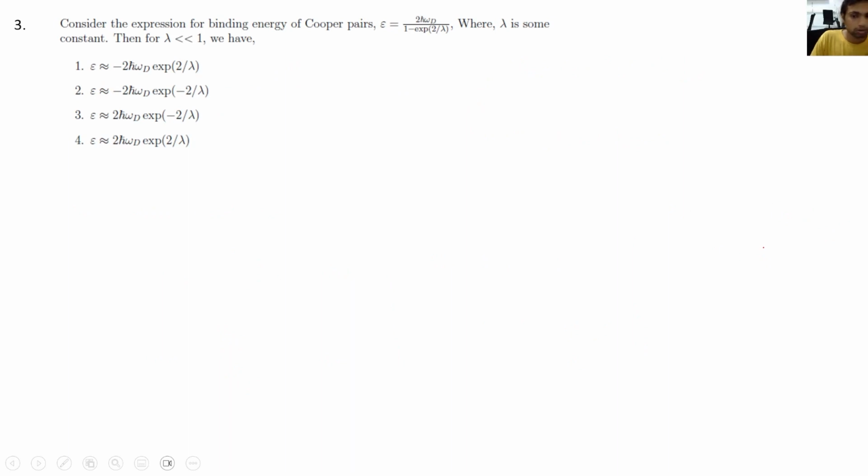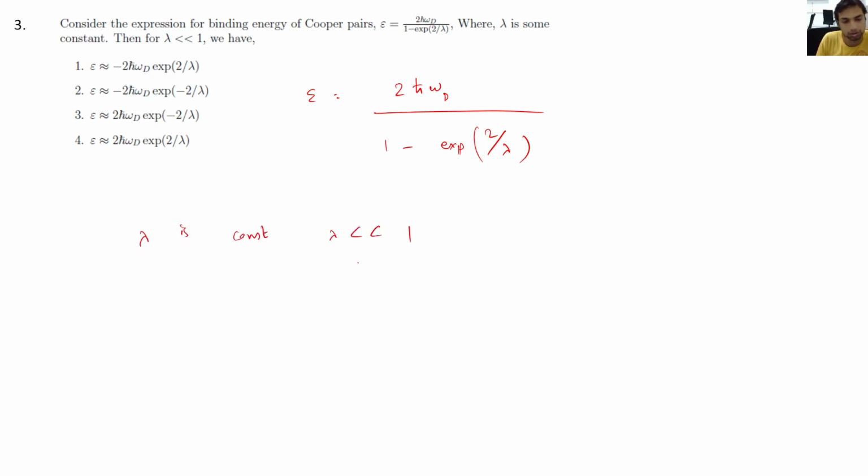Now let's come to the third question. You've been given the binding energy for the Cooper pair, which is epsilon equal to 2 h bar omega d into 1 minus exponential of 2 over lambda. Now lambda is a constant and lambda is less than 1.